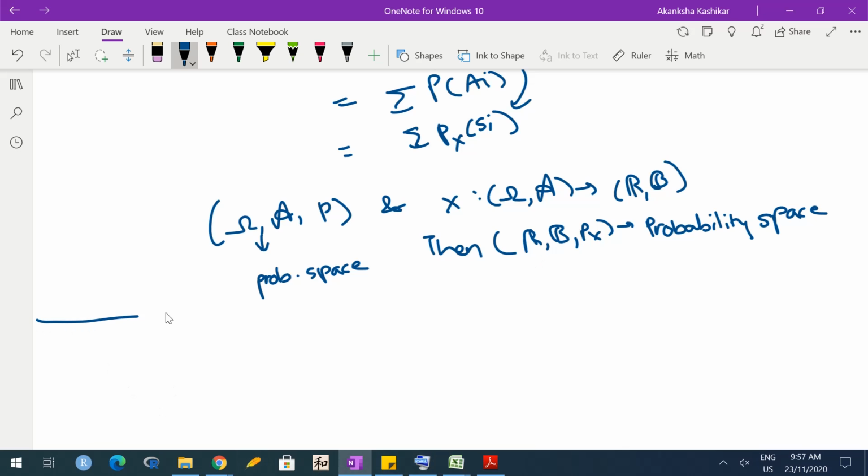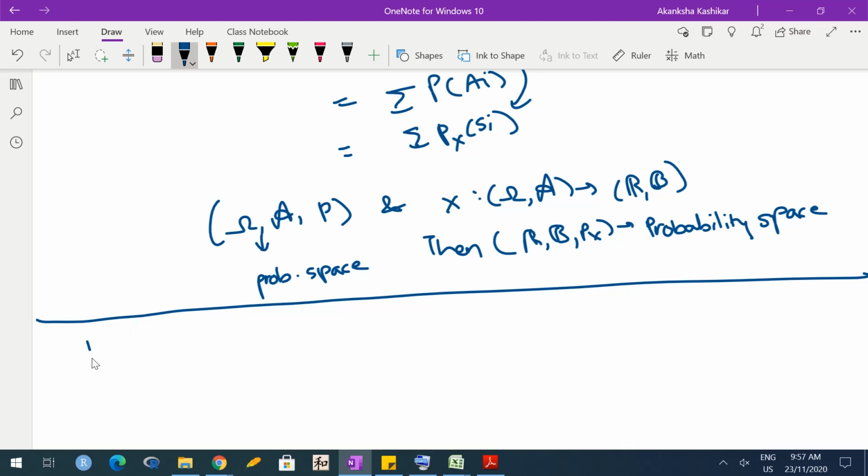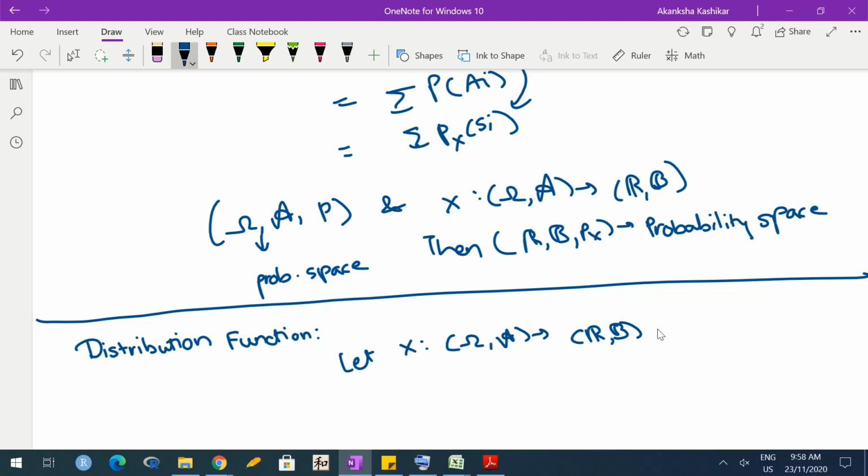Now next we have to talk about distribution functions, that is CDF. Now that we know how to define probabilities of different sets, we can define probabilities of intervals. So let X defined from omega, script A to R, B be a random variable.